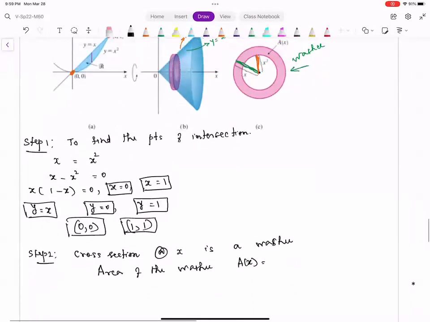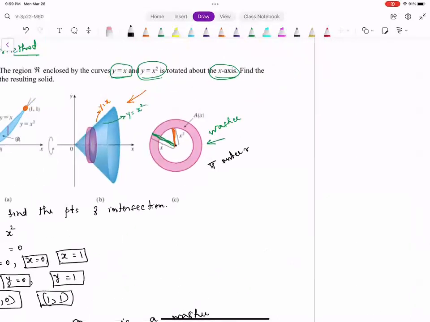The area of this particular one is pi outer radius squared, the area of the outer circle, minus the area of the inner circle. Both are circles.